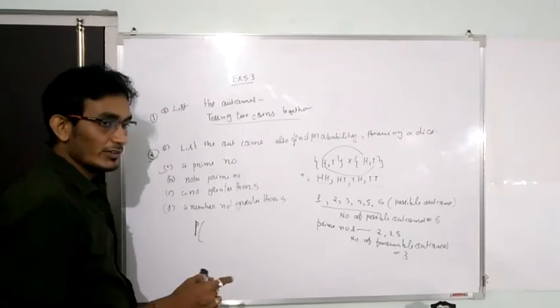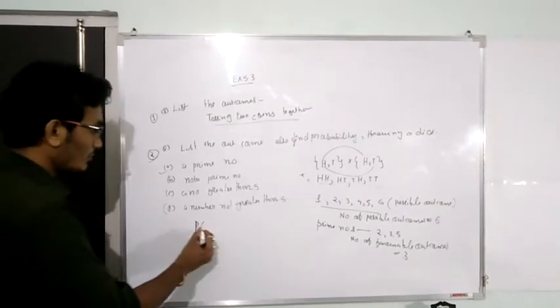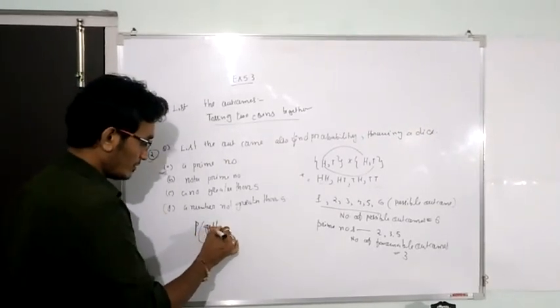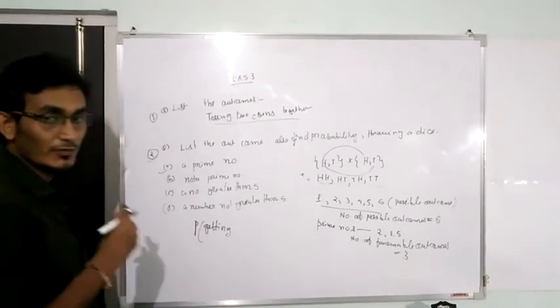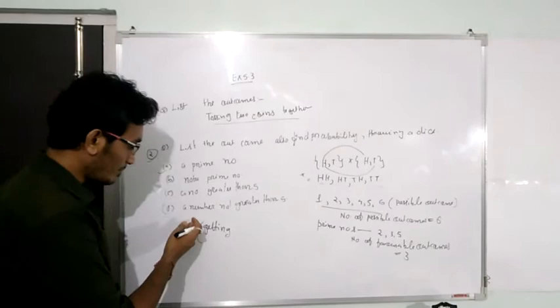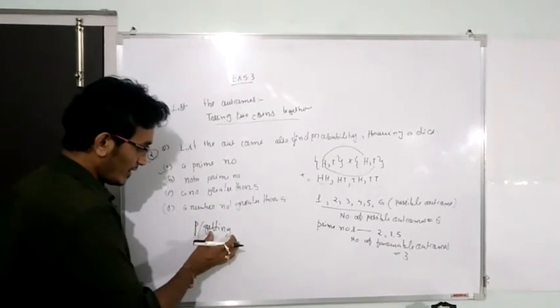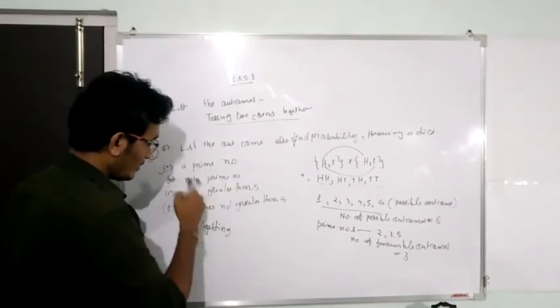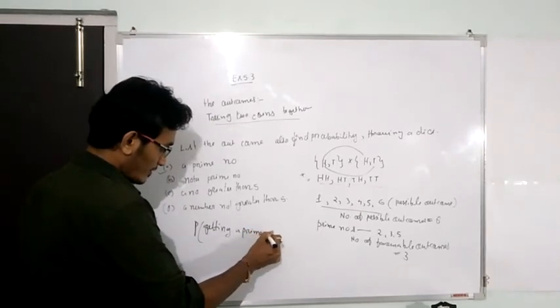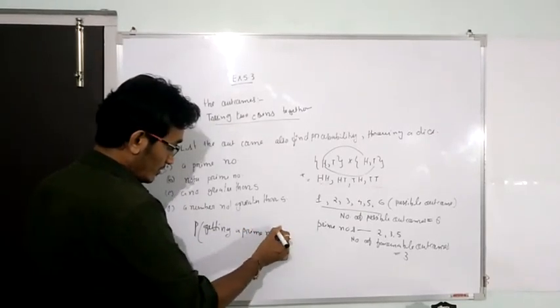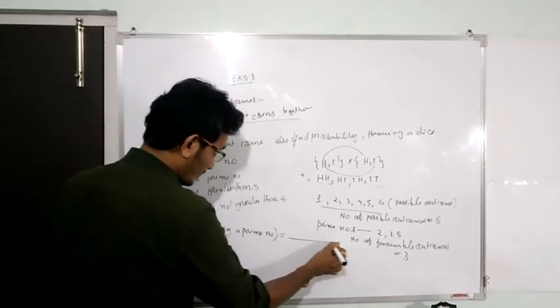So what should be the probability? The formula I have already given in the last video. Probability of getting a prime number. This is the technique we need to use for finding the probability. You just write P, then a bracket, and inside the bracket, getting a prime number, because we need a prime number, is equal to what?